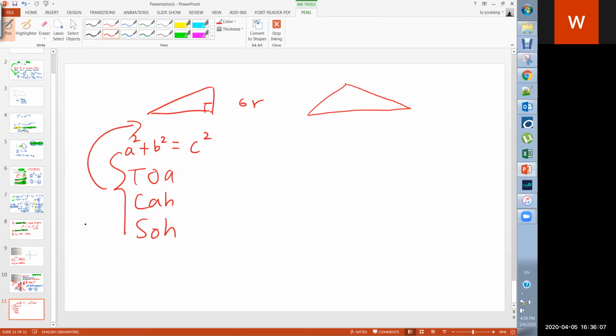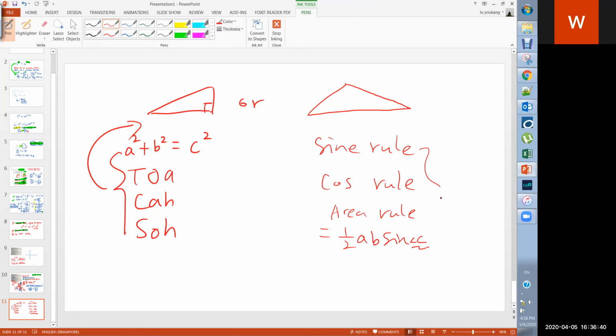But when you're given any type of triangle, you should be able to link it to the sine rule, the cosine rule, and the area rule. You still remember the area rule? Is it half ab sine C, the angle that is sandwiched by this a and b? Okay, that's all you need to remember for any triangle.